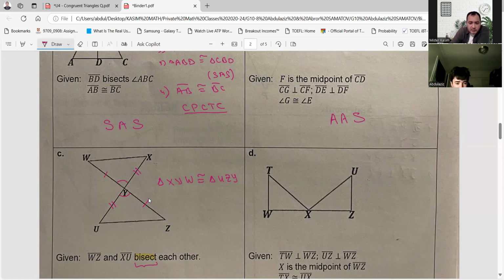Look, Abdullah, if I start from here, this side, and angle, and side, right? Yeah, that's why this is side, angle, side.